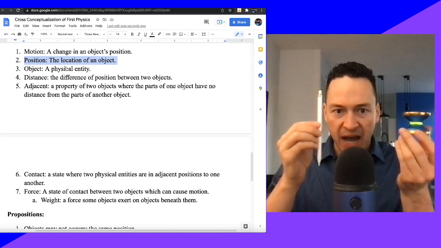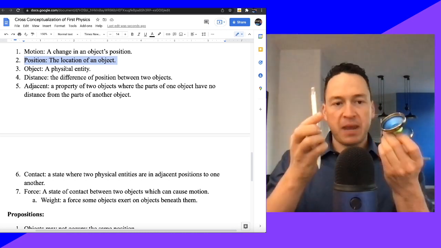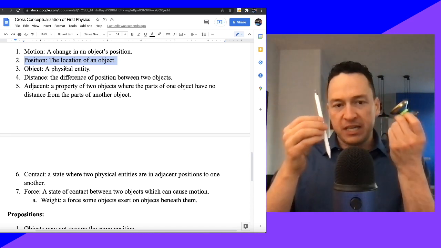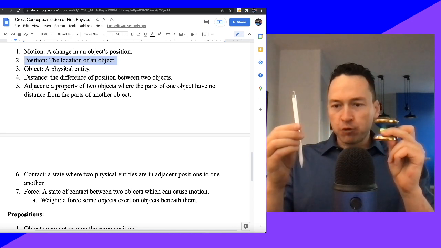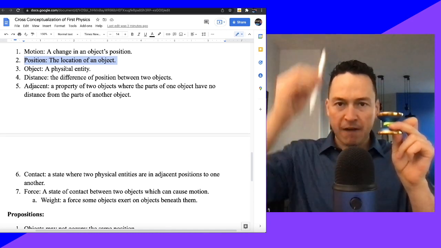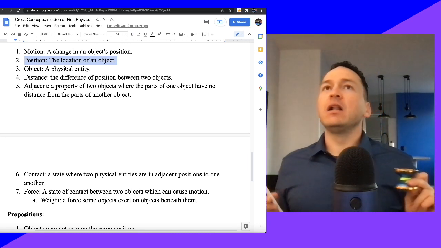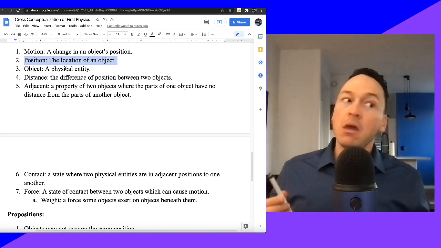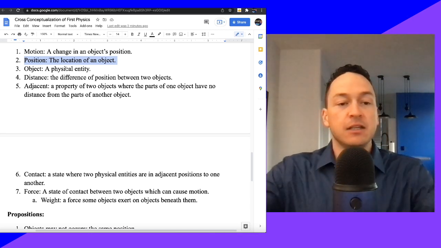Do they just occupy different parts of the world, different parts of space? Or is it that the location of one object can only be specified in reference to another object? And so you start to think, okay, well, can't it just occupy different parts of space? Well, what's space? Let's think about what space is.